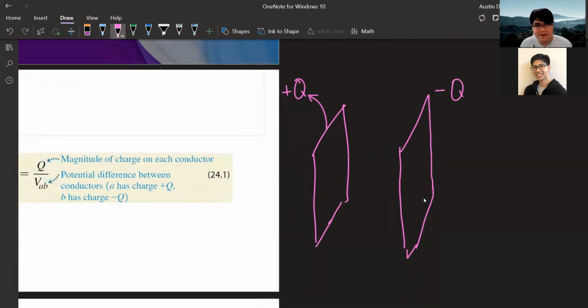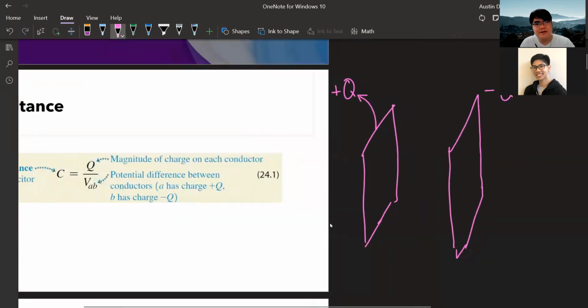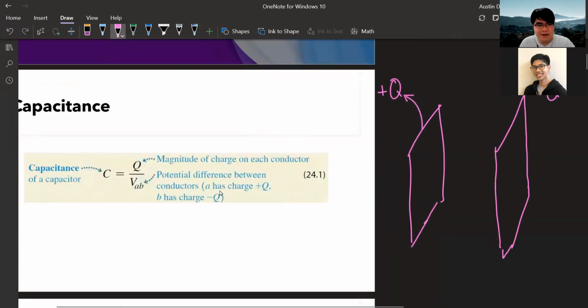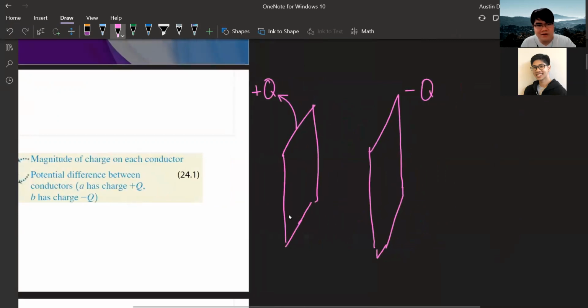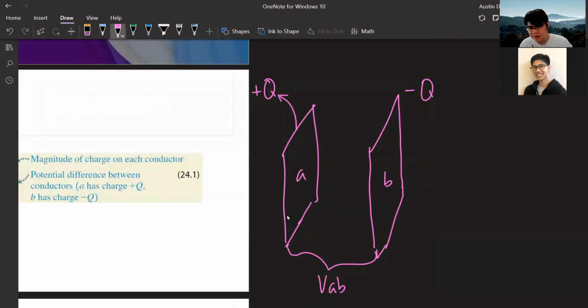Pansin nila na this configuration can store energy. Okay? So, ayun yung idea behind it. Kaya may Q, may V. So, yung V ay potential between these plates. May V siya, A, B. So, ganyan configuration. Napansin nila, it stores energy.